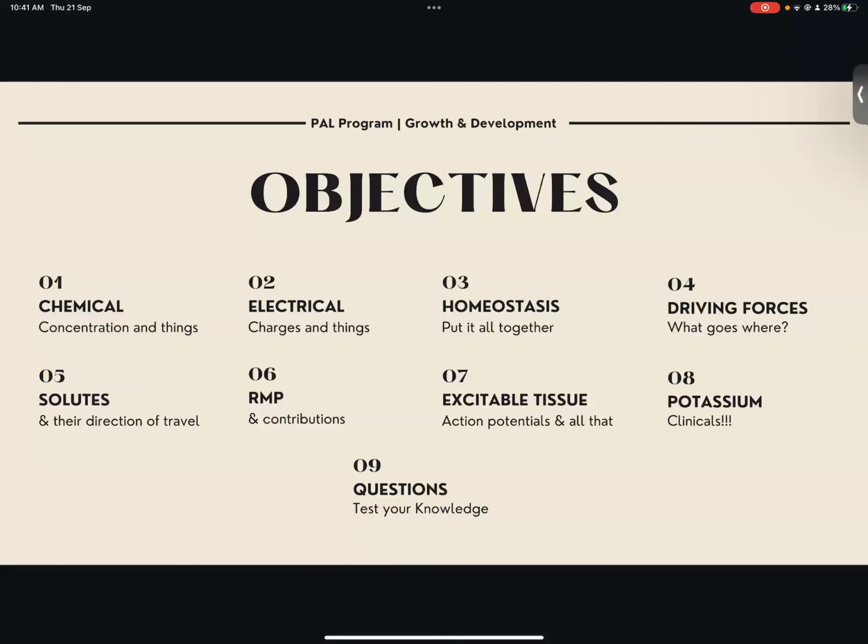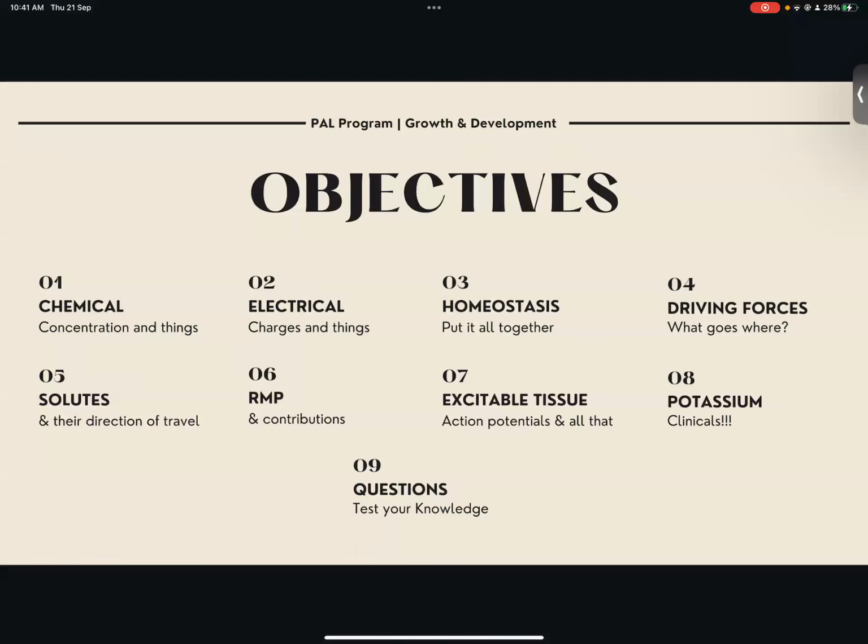Then the homeostatic function of both of those systems: how the body grants movement of ions, keeping both systems in mind, and which directions the ions move depending on the gradient.